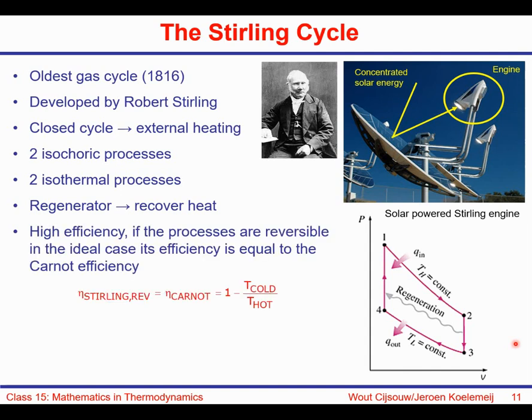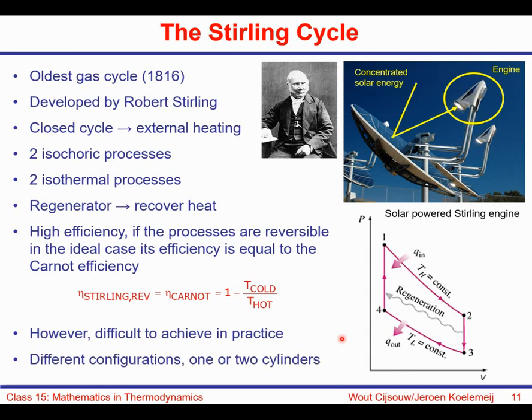And the Stirling cycle, well, in principle, it allows you to achieve high efficiency, approaching the Carnot efficiency. And in theory, you can even achieve the Carnot efficiency, which is 1 minus the temperature of the cold reservoir divided by the temperature of the hot reservoir. We've seen that formula before. But achieving such high efficiencies with a practical Stirling engine turns out to be difficult.